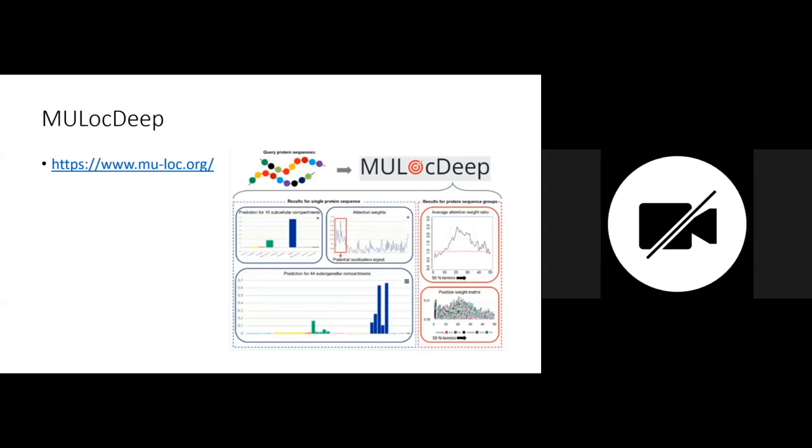And recently we published MULocDeep, a deep learning version of the protein localization tool for 10 classes. And this year, we also published a web server for this method, in the NAR web server issue.